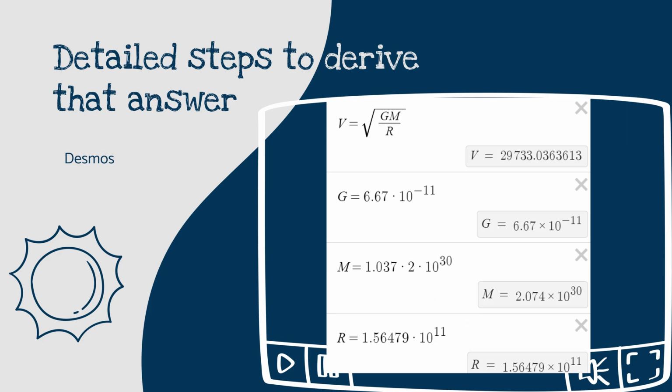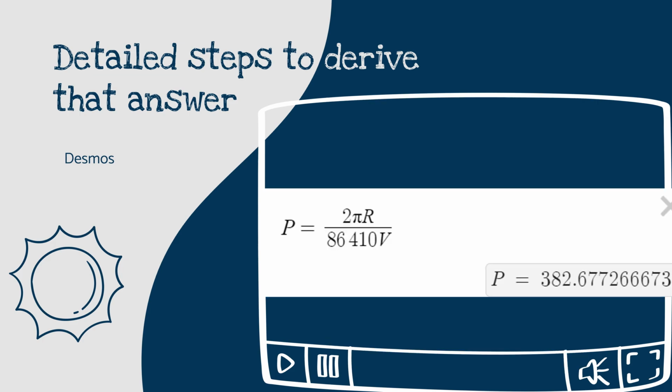And here are the detailed steps to calculate the answer using decimals. And here's how I actually got the period by myself. Since the period is just the amount of time it takes to go one revolution in the orbit, basically that is 2 pi r, the circumference, over the tangential velocity.